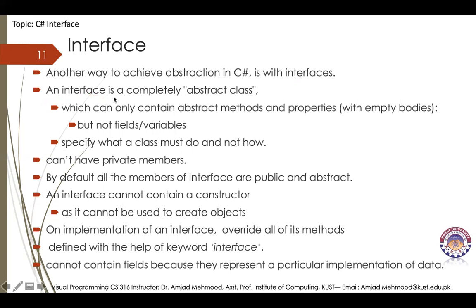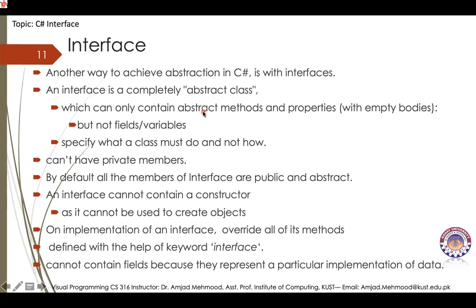And an interface is a completely abstract class which can only contain abstract methods and properties, but not fields or variables. As you make your class abstract, if you define an interface, it also acts like an abstract class which can only contain abstract methods and properties. So there is a restriction.